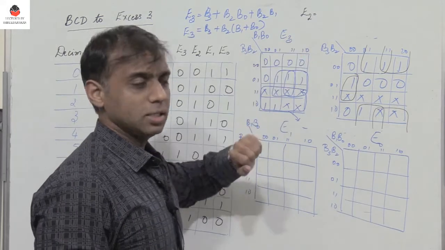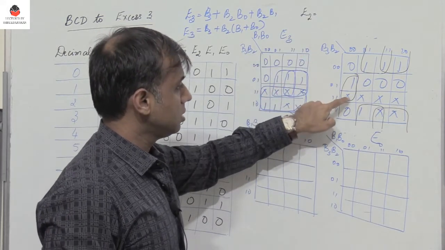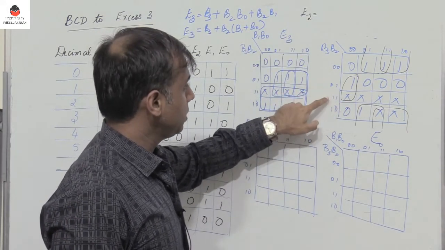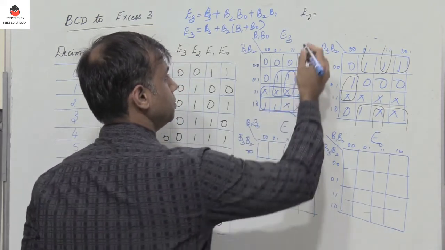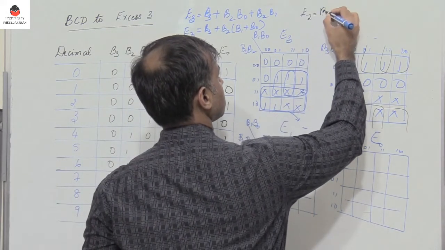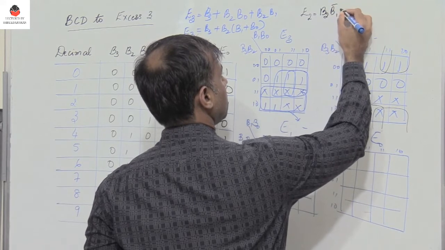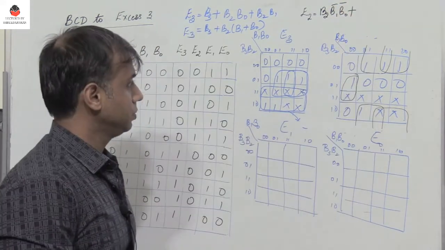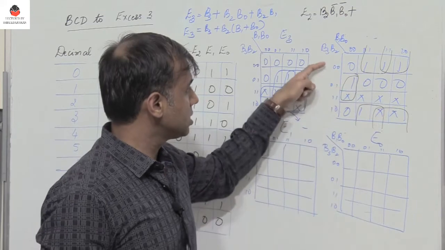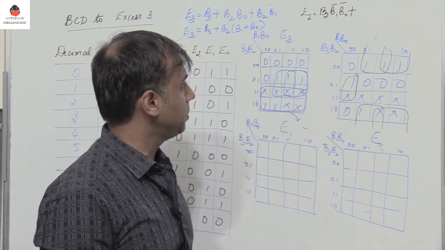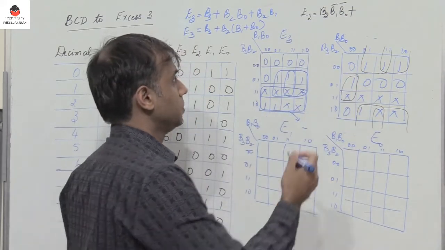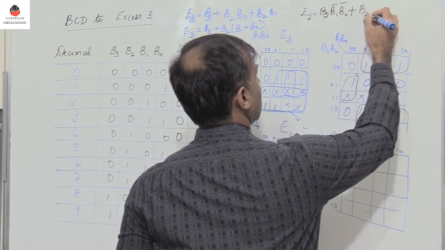So here to find the expression for E2, I consider these two. So here B3 is complementary, so I have B2 B1 bar B0 bar. So when I consider these 4 ones, I find that B3 is complementary, so I get B2 bar B0.